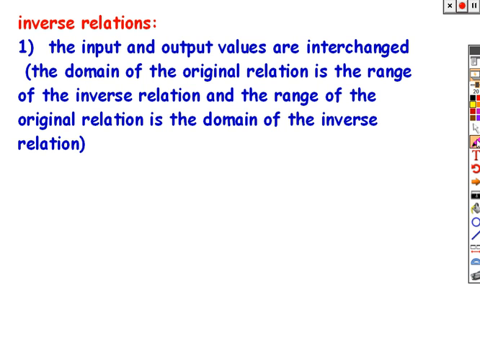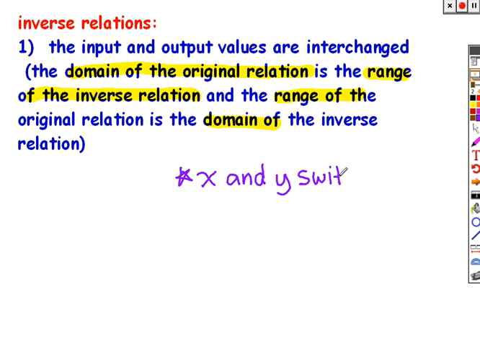So in other words, the domain of the original relation or function becomes the range of the inverse relation or function, and the range of the original becomes the domain of the inverse. So one way to think of that is, I'm just going to switch the x and y values, which might make a little more sense once we actually look at an example here.